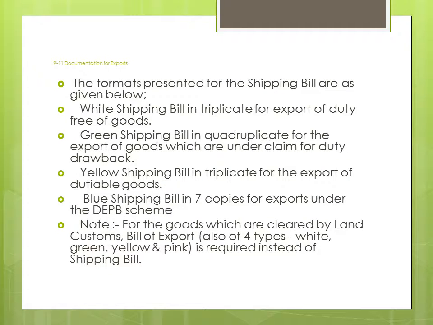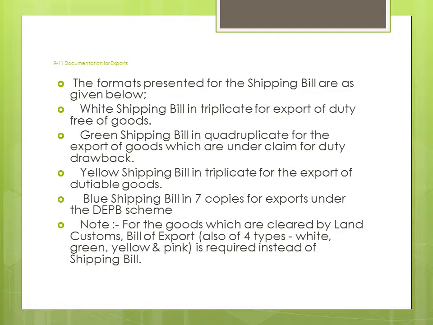The formats prescribed for shipping bill are as given below. White shipping bill in triplicate for export of duty free goods. Green shipping bill in quadruplicate for the export of goods which are under claim of duty drawback. Yellow shipping bill in triplicate for the export of dutiable goods.